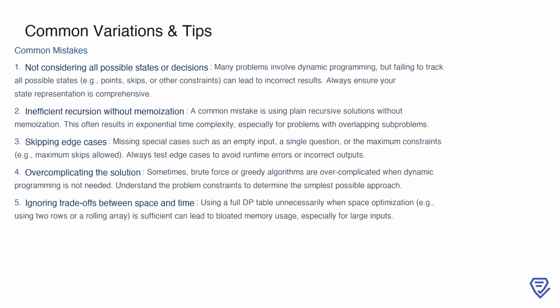Finally, ignoring trade-offs between space and time complexity can lead to inefficiencies. For example, using a full DP table when a rolling array might suffice can result in excessive memory usage, especially with larger inputs. Keeping these in mind can help you avoid common stumbling blocks and build more efficient solutions.